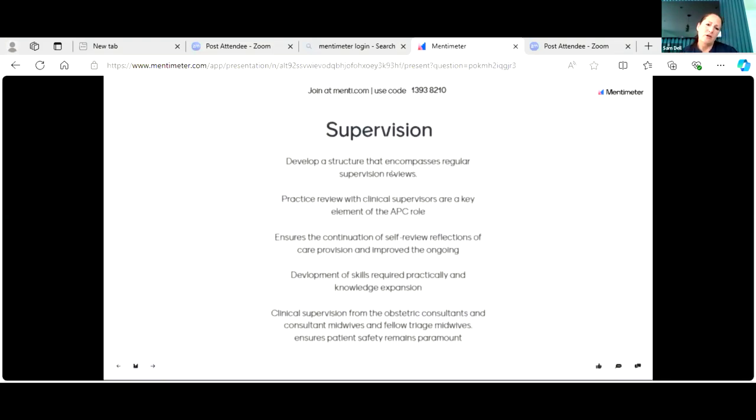And like I say, you've got the supervision, so develop that structure that encompasses regular supervisory reviews. Obviously, I have mine every 6 weeks with my consultant, and every 6 months to every year with my consultant midwives.